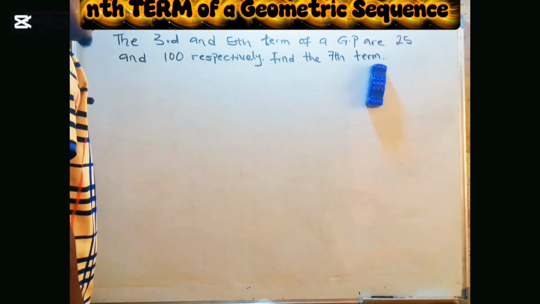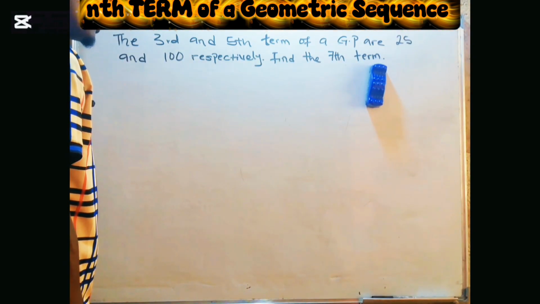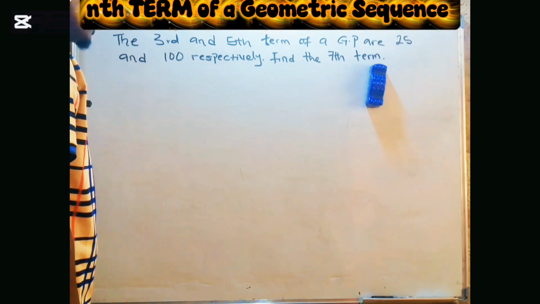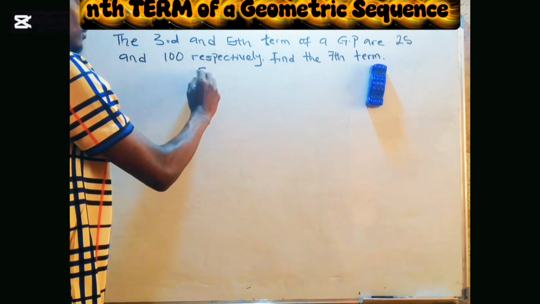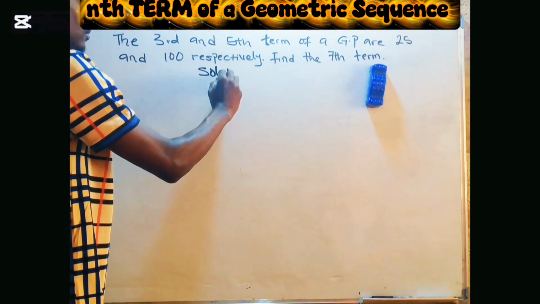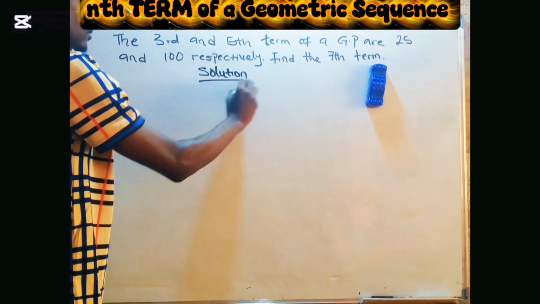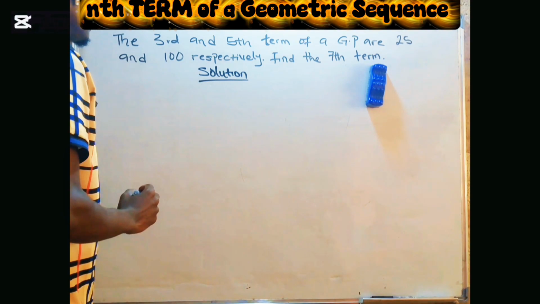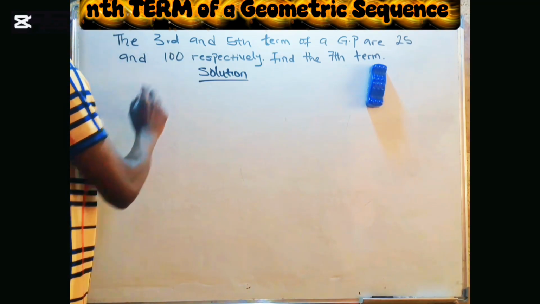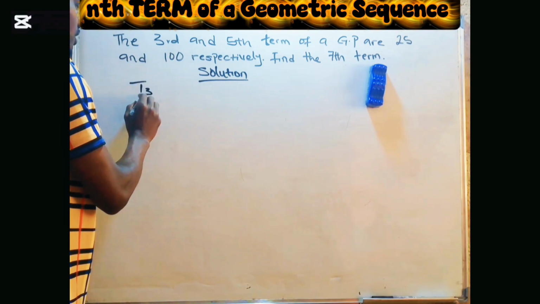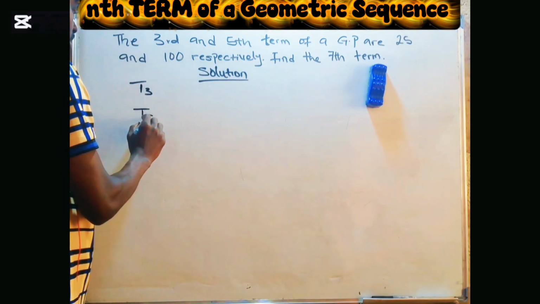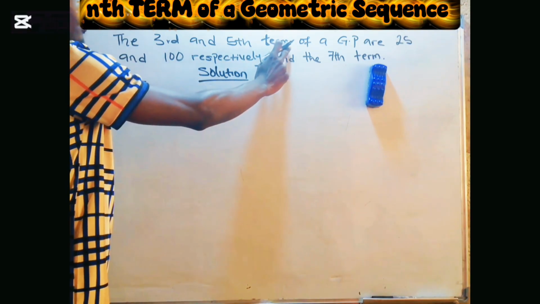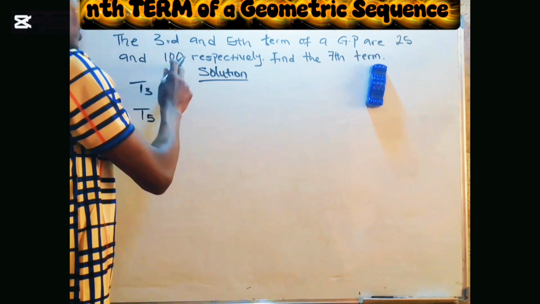The third and fifth term of a GP are 25 and 100 respectively. Find the seventh term. Solution. The third, that is T3, and fifth term, that is T5, of a GP are 25 and 100.